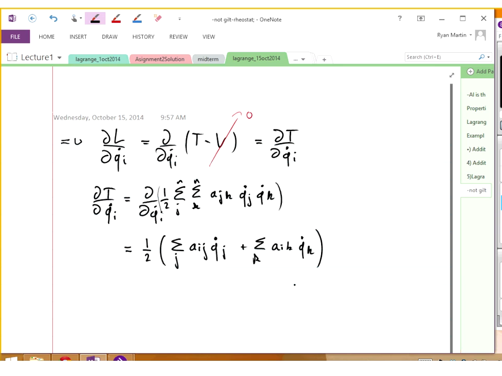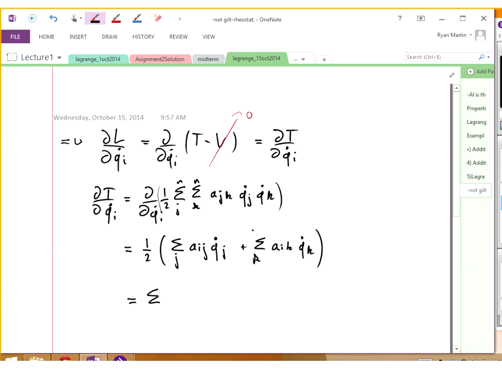If you look at the term with the double sum in it, I take the derivative with respect to Qi dot. So I look at when, say, K is equal to I, then I have the whole sum over J of that particular term. And the same thing for K because it's symmetric. So of course these two terms are exactly the same.